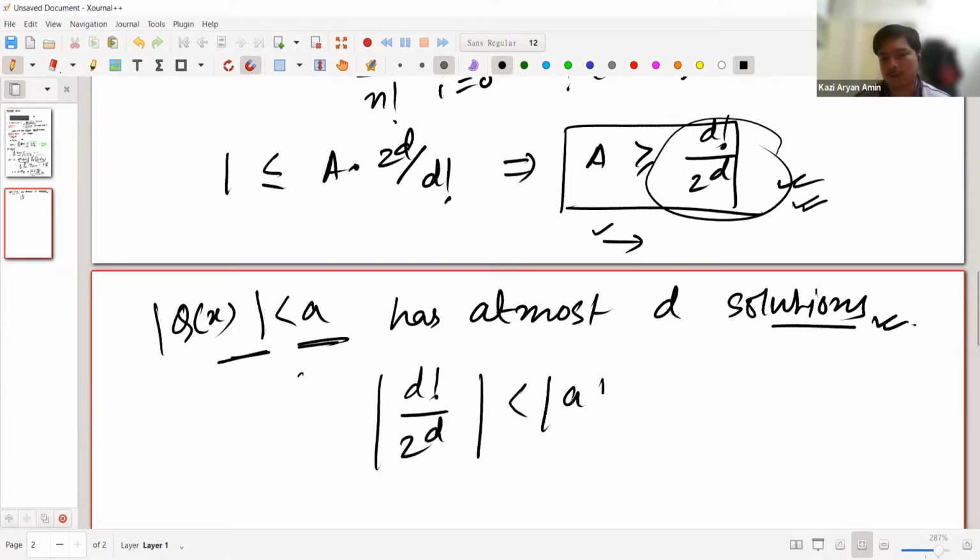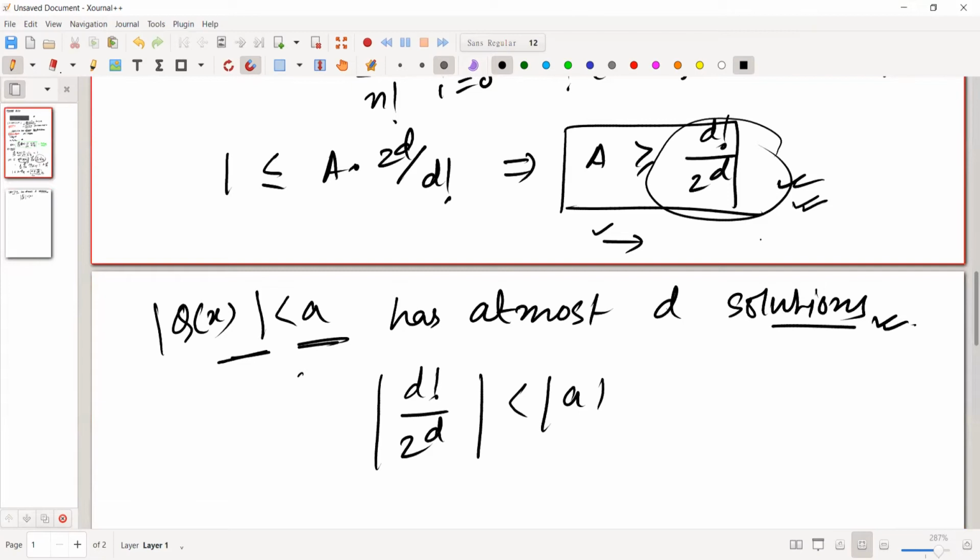Wait, d factorial grows larger. Yeah. Wait, did I just blunder? No, it's fine. The right hand side becomes too big, but the left hand side is fixed, so it's a contradiction. Oh yeah, sorry. Okay, that was stupid. But as Atul said, this is constant, so it will grow too big at some point.